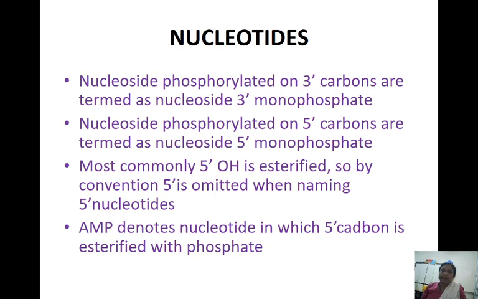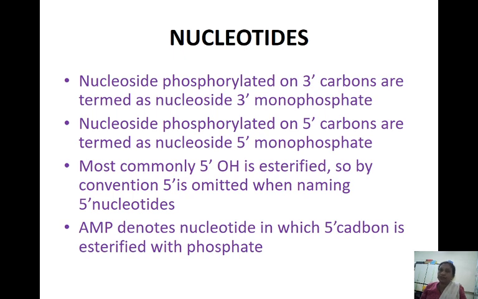Suppose you take adenine. Adenine is the base. When it binds with the sugar ribose, it forms the nucleoside adenosine. Whenever the 5 prime carbon of the adenosine is esterified with the phosphoric acid, the nucleotide formed is called adenosine monophosphate. I repeat, adenine plus ribose forms adenosine.